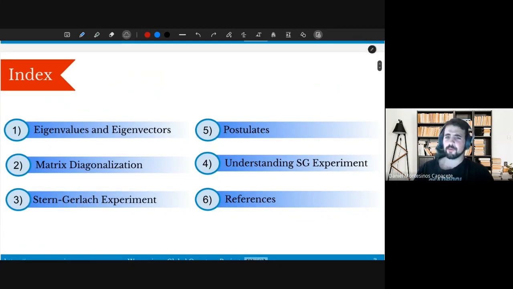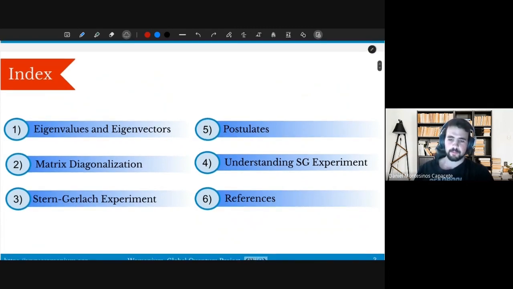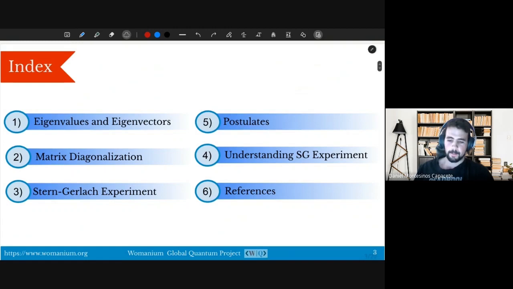At first, I will need to introduce eigenvalues and eigenvectors. That is basically a concept in linear algebra, and it's going to be quite important for us today. After that, we will see matrix diagonalization, which is very related to eigenvalues and eigenvectors.